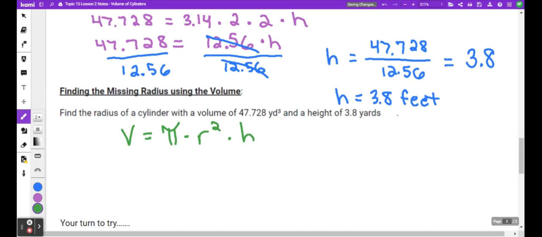I'm going to plug in the information that I know. I'm going to substitute in the numbers for their respective variable. So again, the volume, V, I do know the volume, so I'm going to replace V with the 47.728.